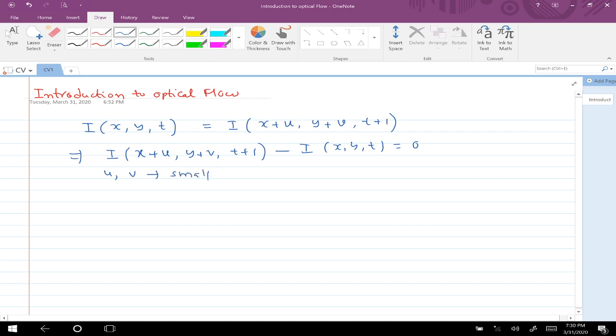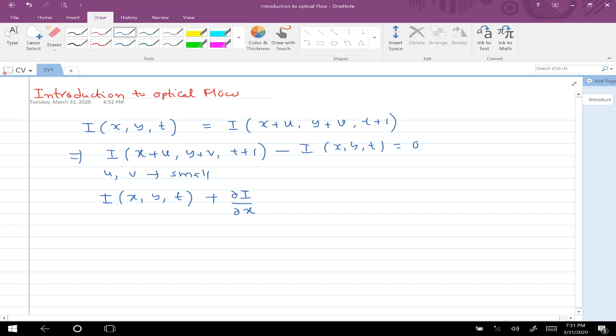Again, the regular process: your savior is the Taylor series expansion. You do a Taylor series expansion for the first term with respect to x, y, t being your reference, plus dou I by dou x.